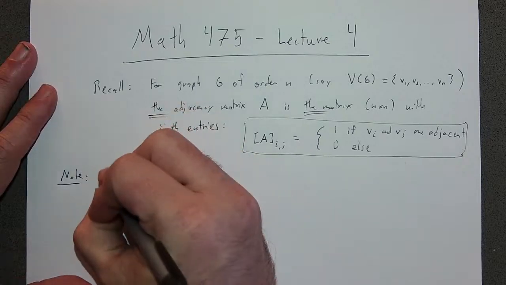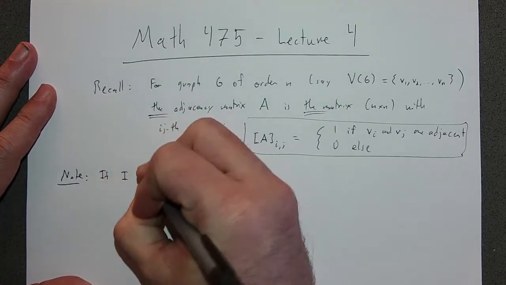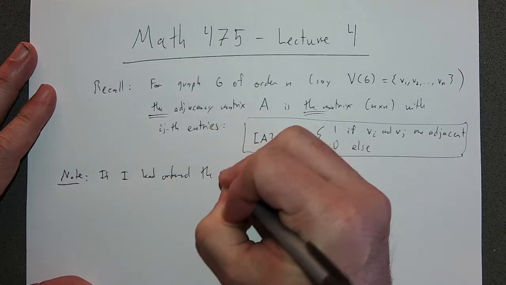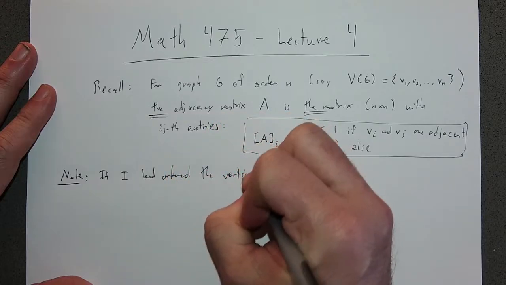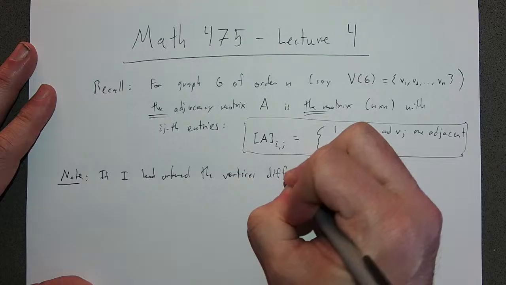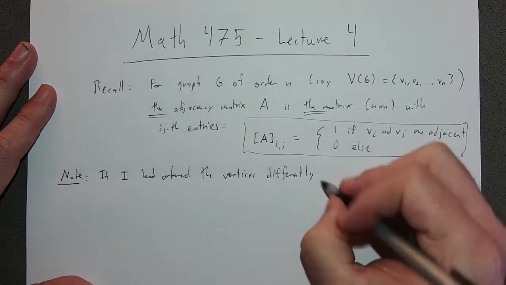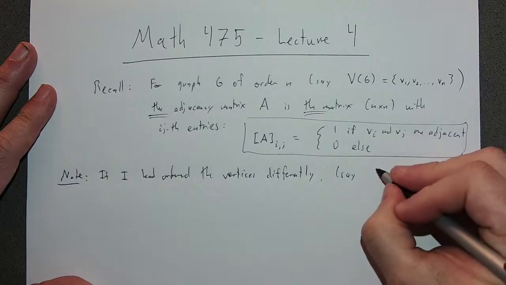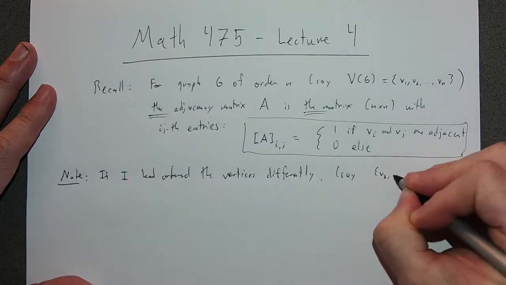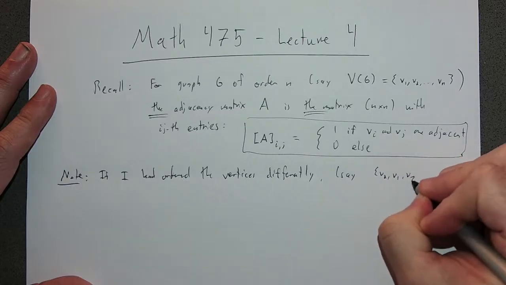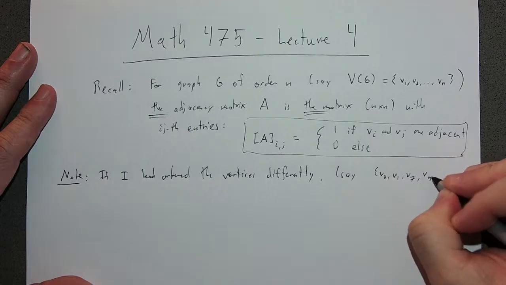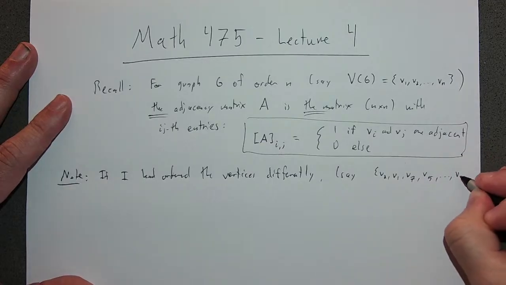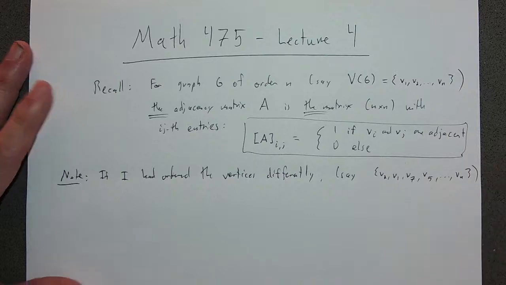So note, if I had ordered the vertices of G differently, say instead of ordering them like this, I had V2 come first, and then V1, and then V7, and then V5, and so on in that fashion. I didn't change the last vertex, right?